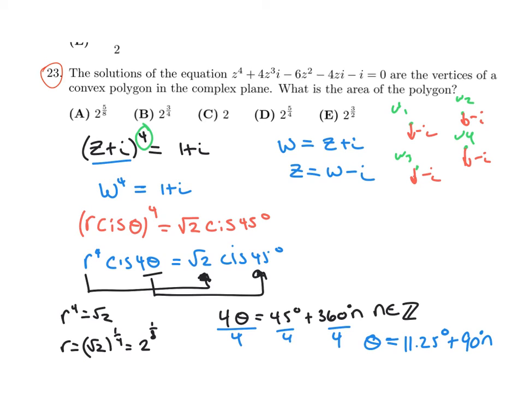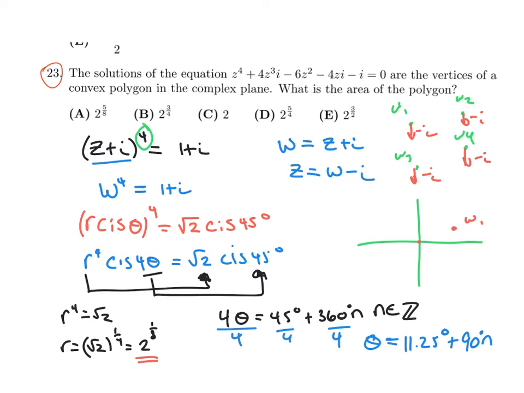So here's the insight we need. If we were to graph our solutions for w in the plane, like I sort of did above, we know that the first answer is going to be 2 to the 1/8 units from the origin, and we know that it first happens at 11.25 degrees, so let's just say that that's our first answer.